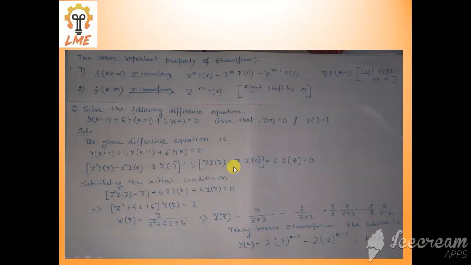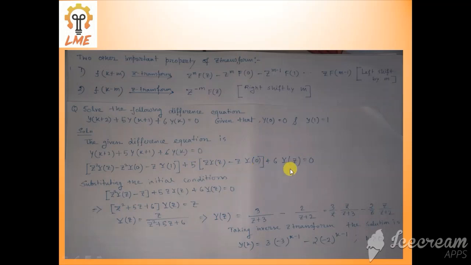You will get the same from this formula, just put 1 in. Just put m equal to 1, you will get the z transform of f(k+1), that is z F(z) minus z f(0). So here also the z transform of y(k+1) will be z Y(z) minus z y(0), and the z transform of y(k) is simply Y(z).